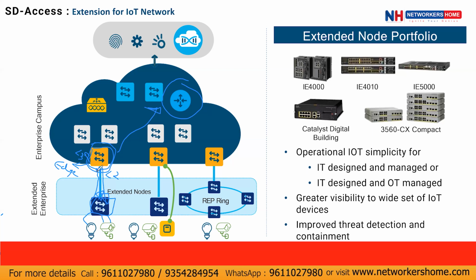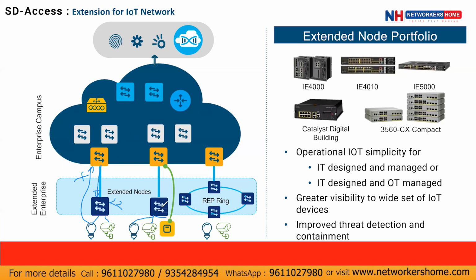Just instead of connecting the IoT devices directly on the edge nodes, what we are doing is extending this edge node with L2 and then connecting these devices, so that we have a separate switch for the IoT devices.